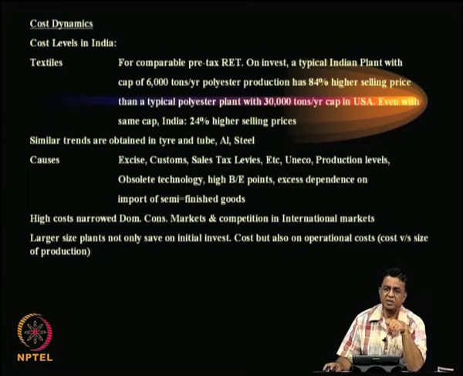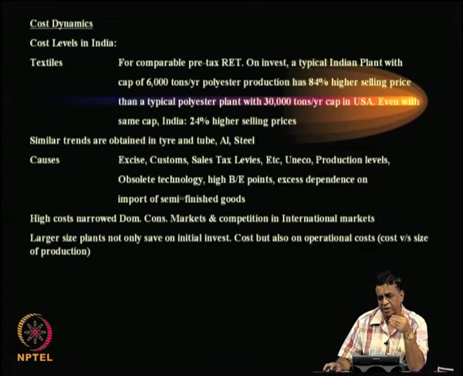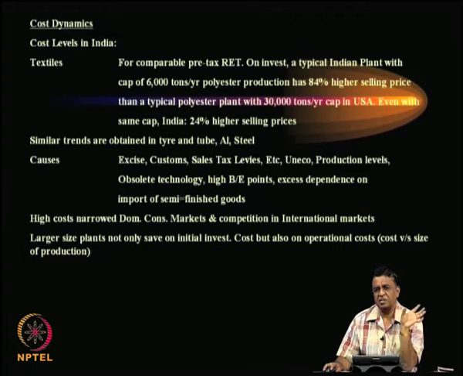Now, suppose you established the same plant in India, that is 30,000 tons per year in USA and 30,000 tons per year in India also, then what is going to happen? Even with the same plant capacity, the cost dynamics in the Indian situation is such that the selling price will be 24% higher.